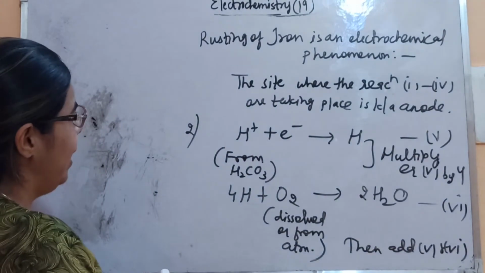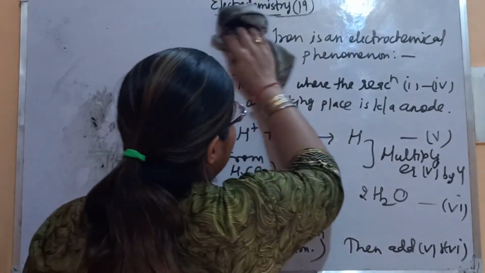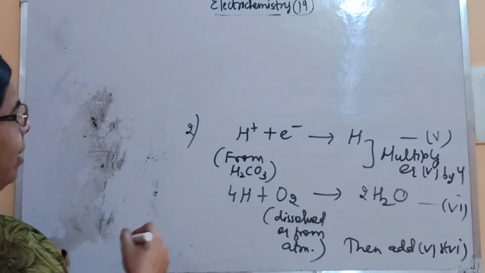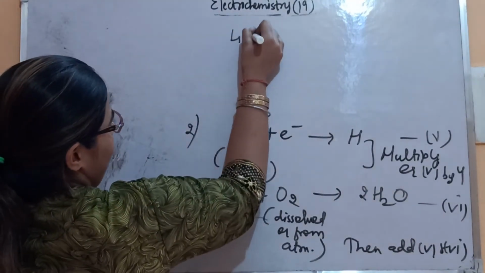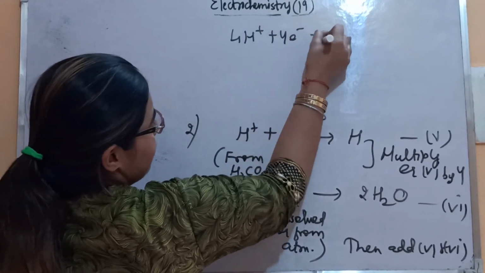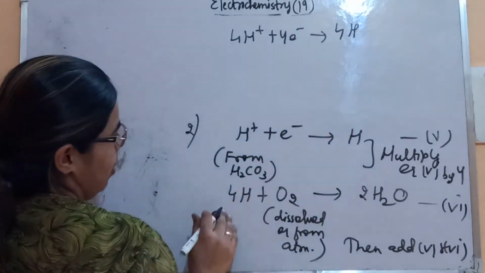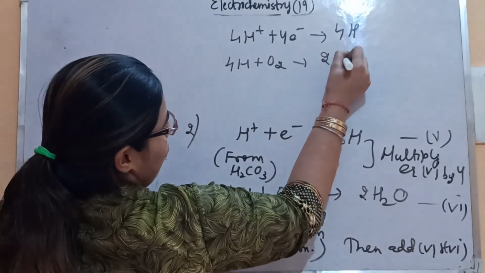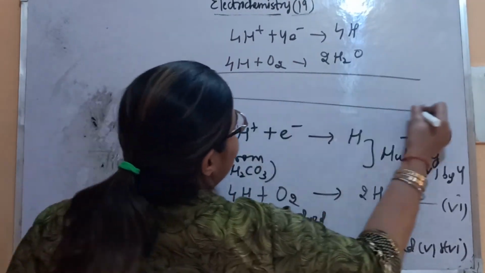Let's see what we will get. When you multiply, it will become 4H plus 4 electrons gives you 4H. Then here 4H plus O2 gives you 2H2O. Add these two, you will get the reduction reaction.